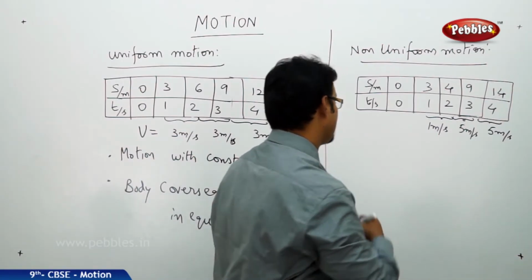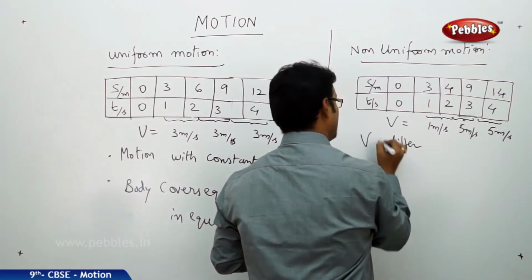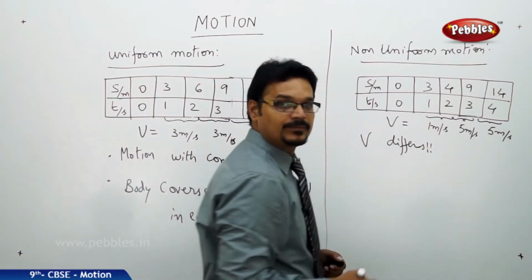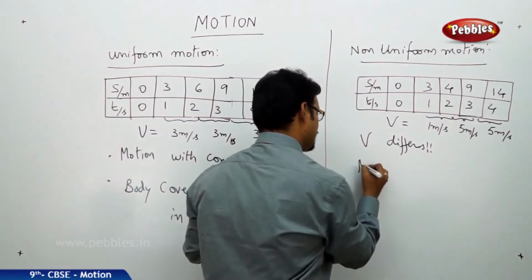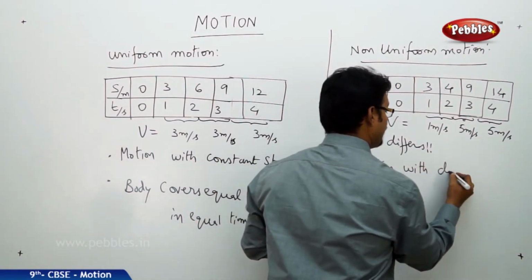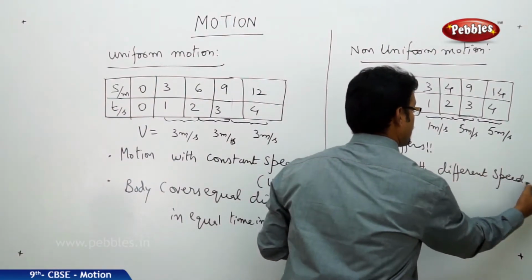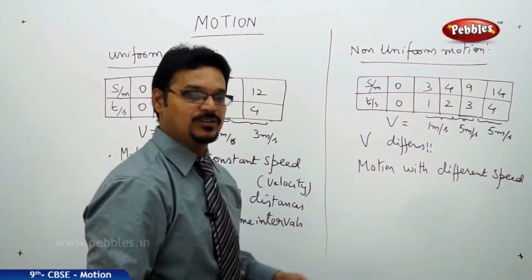Therefore, we can say speed differs, v differs. So here is motion with different speed. Of course, you can say velocity also.